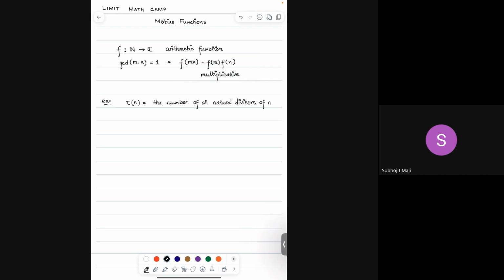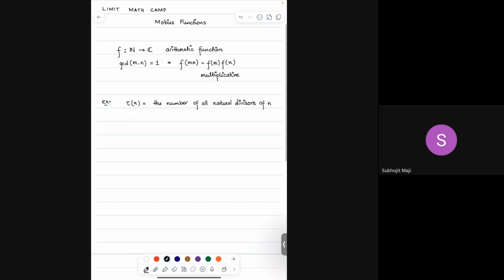So for example, if you take a prime number p, then tau of p is always 2, because how many divisors does a prime number have? It has 1 and itself. Now if you take p squared, it will be 1, p, and p squared, right? For any natural number, you can ask how many natural divisors it has. That is called tau of n.